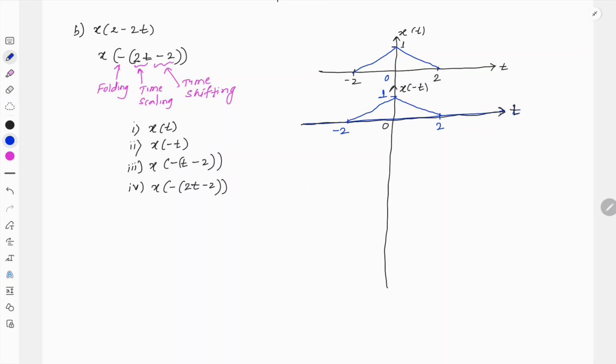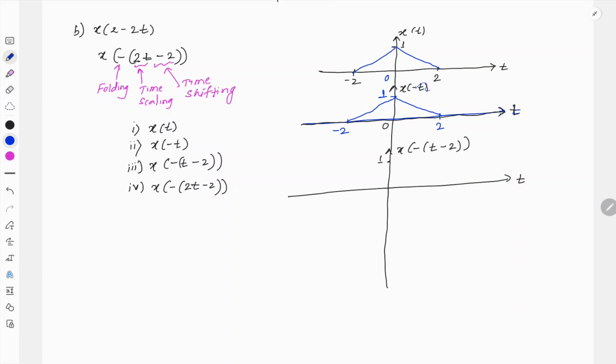Now the next operation is x of, folding is already done. So it is x of minus, and now we have to perform t minus 2. So for this we have our x of minus t signal.